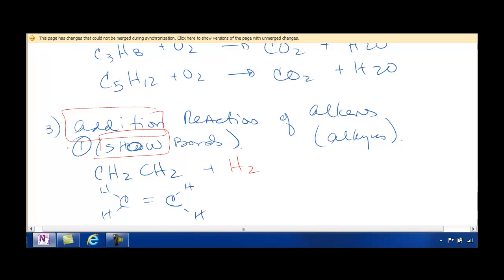Now I want you to think that you are going to the Keys and there's a bridge. Let me make that red. There are no red bonds and blue bonds. I'm trying to make a bond. So whenever I have a double bond or a triple bond, I have unsaturated hydrocarbons.